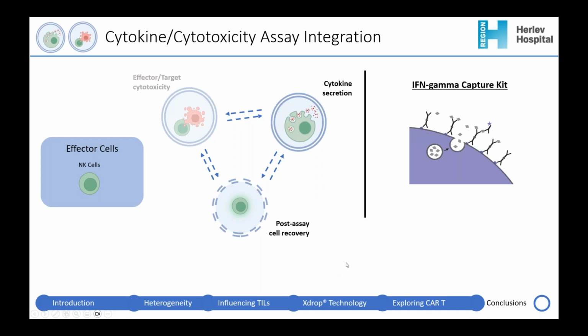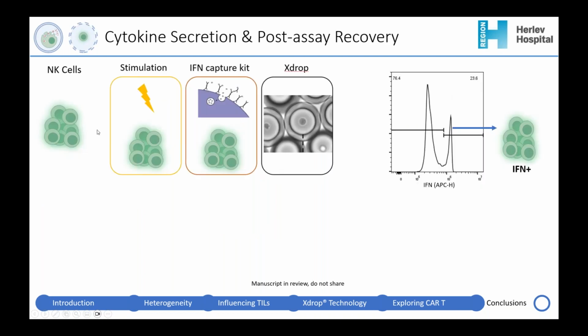Yes, so then to go over another assay, using NK cells this time, we can demonstrate how you can integrate the cytokine secretion with the post-assay cell recovery. And we just used a commercial Miltenyi interferon gamma capture kit for this. So NK cells were chemically stimulated to become activated.